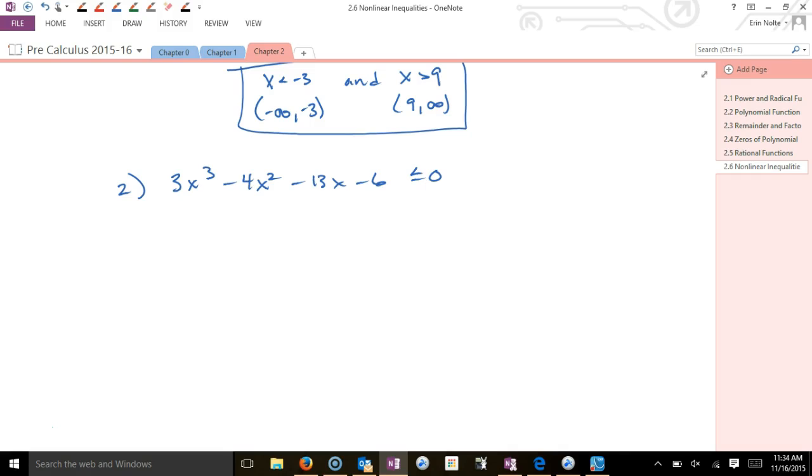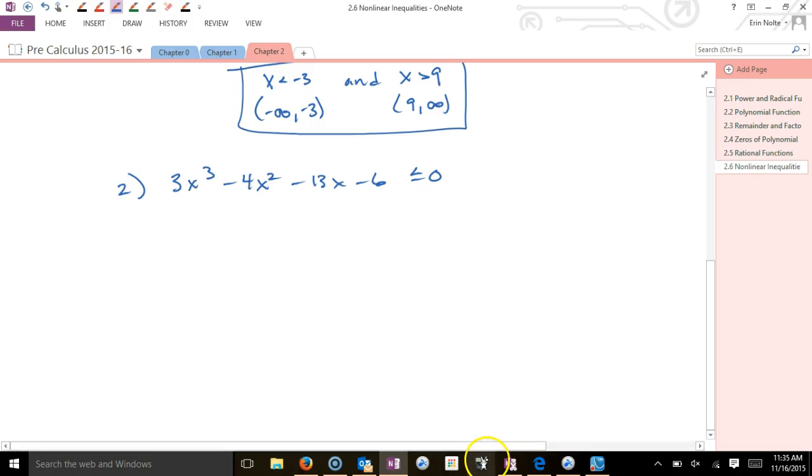We can't just solve this one algebraically. Well, we're going to do it kind of algebraically, but we're going to use a method that we just recently learned. Again, we're going to pretend for a second that that's an equals. How do I solve a cubic if it's an equals like this? We can do synthetic division, or use a calculator.